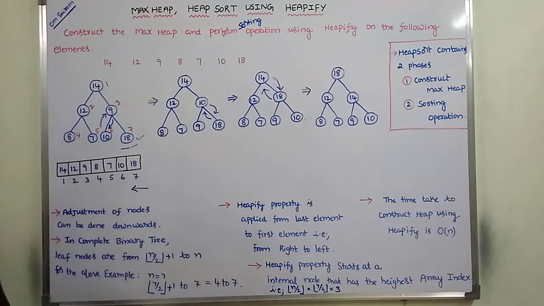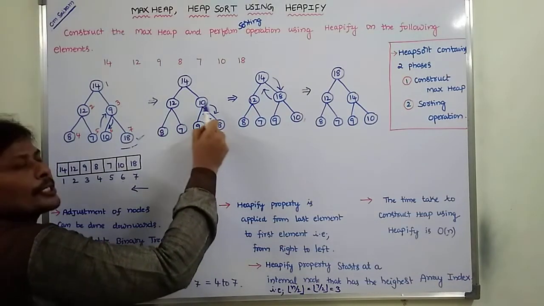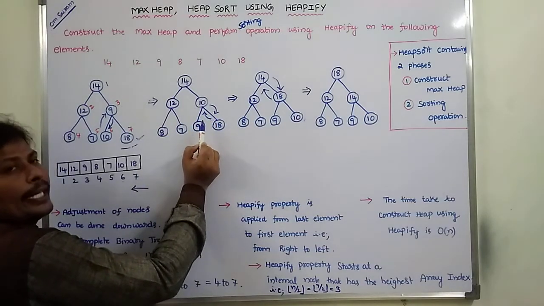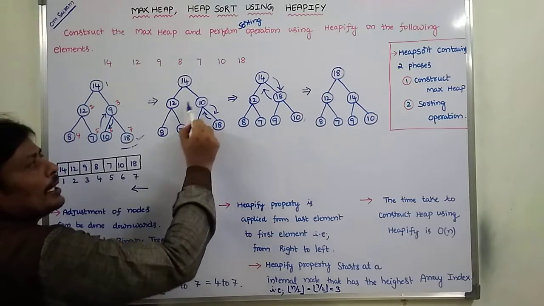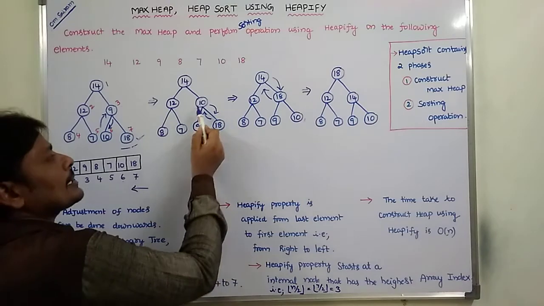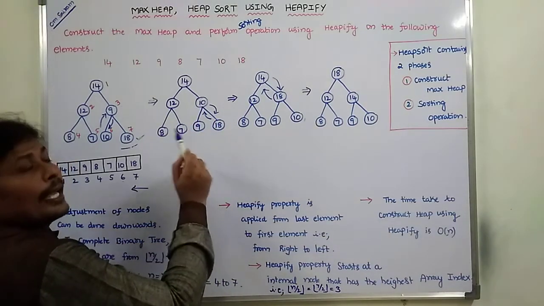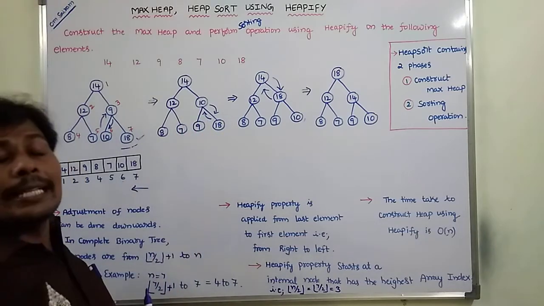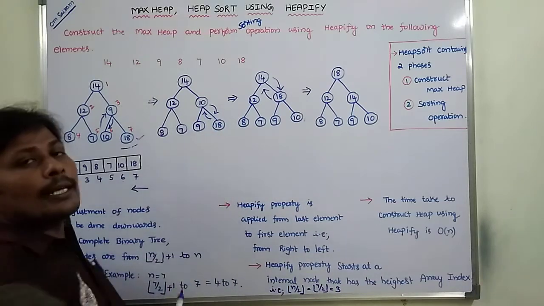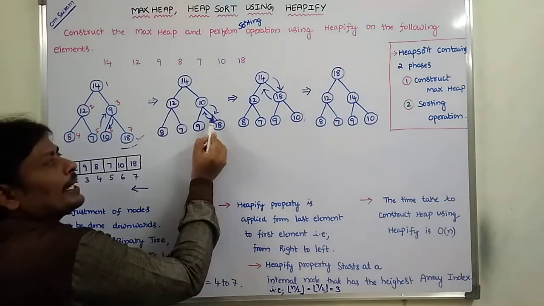Now again we have to check after performing the swap between 10 and 9. So this is the tree we are getting. Now again we have to check the maximum heap property on these three elements. 10 is compared with 9, 10 is greater than 9. 10 is compared with 18, 10 is less than 18. Here at the right child, it does not satisfy the maximum heap property, so swapping can be done.